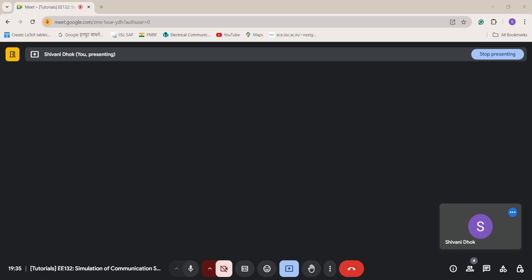First we need to get normalized constellation points, and for that we'll use the E average definition that we have obtained.